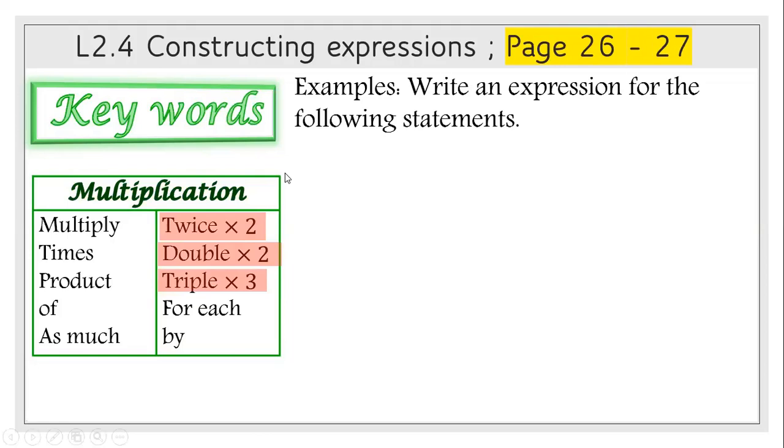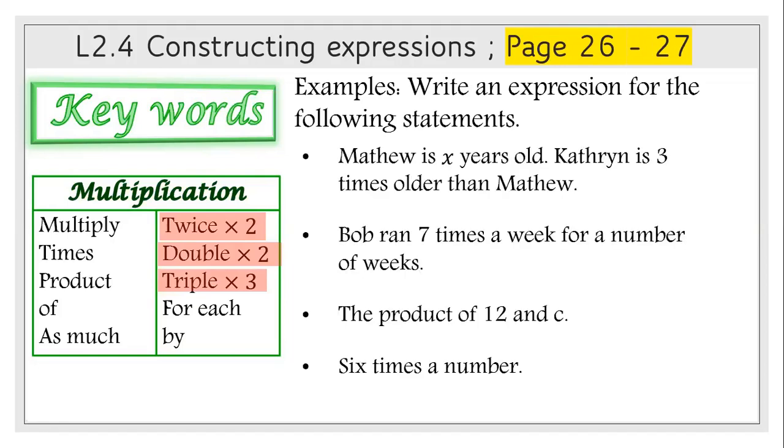I just want to make them faster because we have 8 minutes left. Matthew is X years old. Catherine is 3 times older than Matthew. So what will I write? Times older, I'm going to multiply. But here I want you to look at how I wrote it.